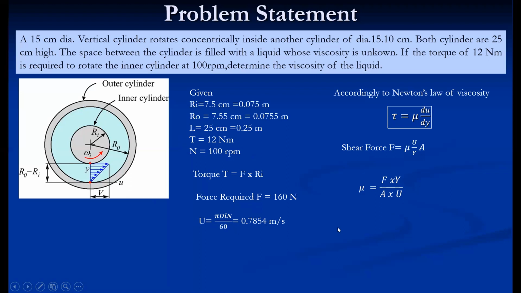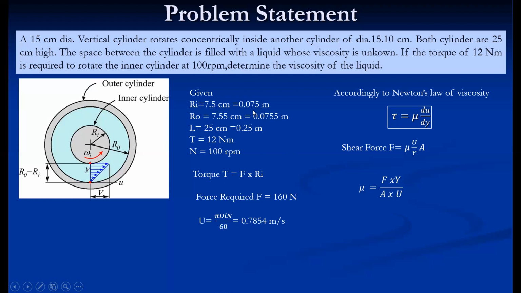So this is u. F is known to us. The distance between the two plates is still unknown. That y is nothing but the difference between these two, that is Ro and Ri, which is 0.0055.